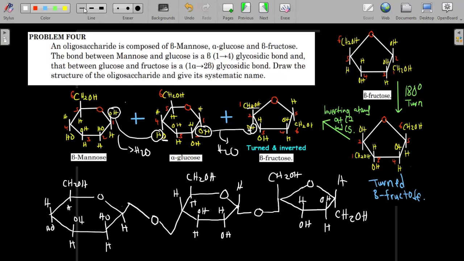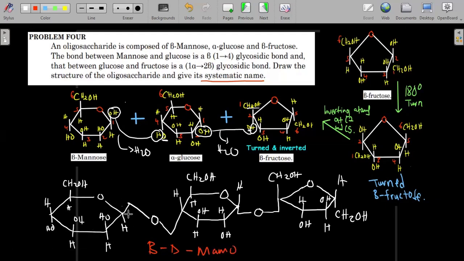Now the other question, since we've drawn the oligosaccharide, was to give its systematic name. Its systematic name just comes from the monosaccharides that are making up this oligosaccharide and also the bonds that we can see there. So its systematic name is going to be, this one here was beta D manno.